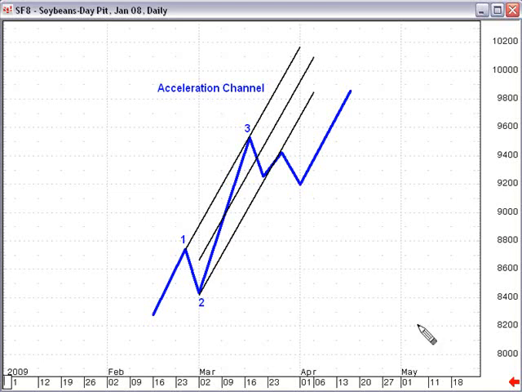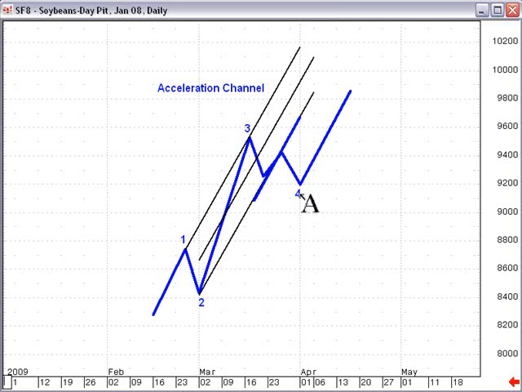It defines the progress or the duration of wave 3. When prices begin to break out of the lower boundary line of the acceleration channel, then again with confidence you can label the subsequent move as a fourth wave, which we'll do here.